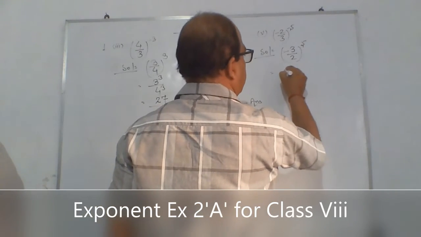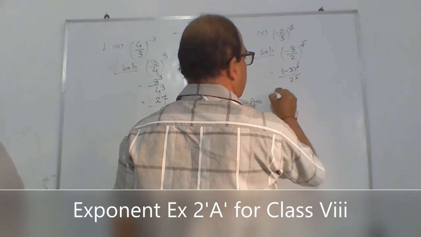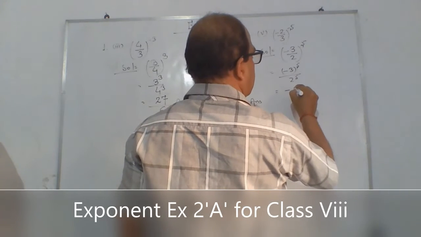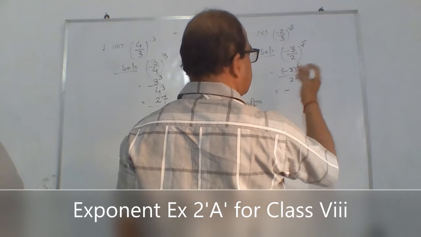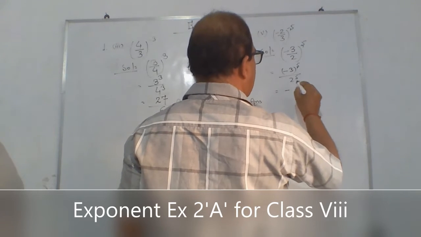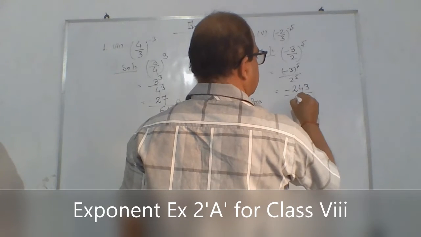So minus 3 to the power 5 by 2 to the power 5. The answer will be minus: 3 3s are 9, 9 3s are 27, 27 3s are 81, and 81 3s are 243, and this is 32.